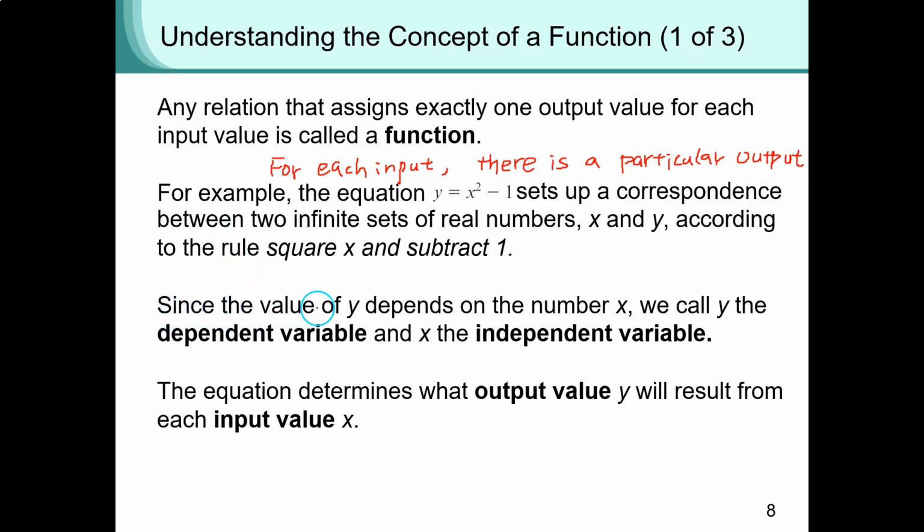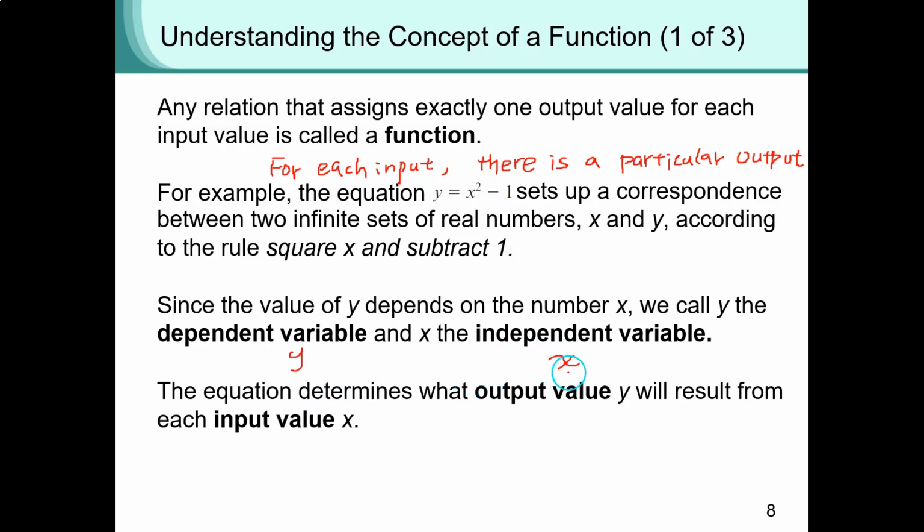Since the value of y depends on the number of x, we call y the dependent variable and x the independent variable. So y relies on x. If you tell me what the x value is, then I can plug the x into the function and solve for y. So y is the dependent variable, x is the independent variable.